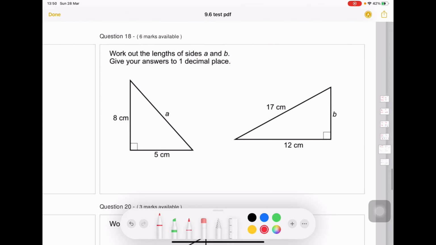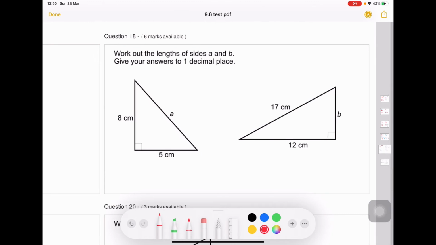Moving on to question 18. Here's where we start doing questions on Pythagoras. Work out the lengths of A and B. So to work out A, we need to do 8 squared plus 5 squared, which equals 89. Now we know that this A squared, the hypotenuse squared, is equal to 89.